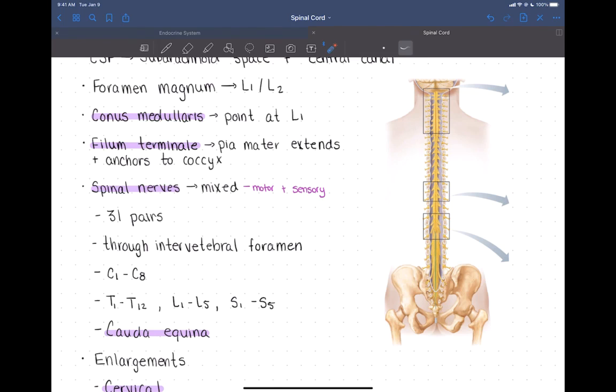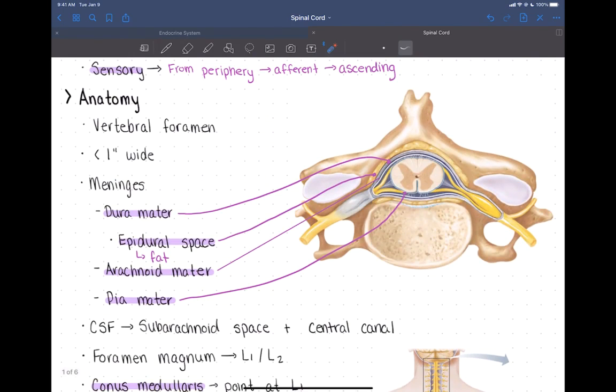If you remember, that's the hole that forms when you put two vertebrae together. If we look back up at our previous picture where we can see our vertebrae, when you stack this vertebra with another one, you get a hole that forms here. That's the intervertebral foramen. Our spinal nerves can enter and exit through it. So this would be a spinal nerve here and another spinal nerve here.